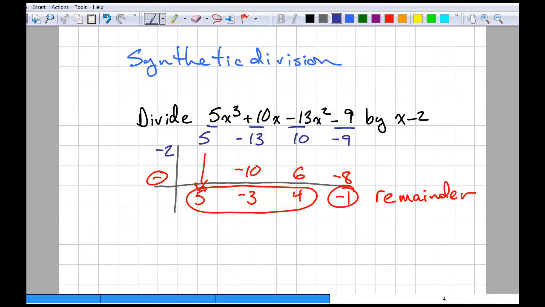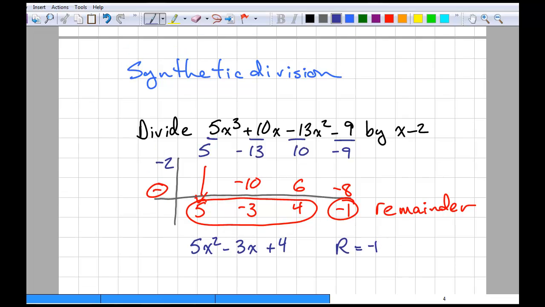And by that I mean, if this was an x cubed in the question for the dividend, then in my quotient I'm going to have 5x squared minus 3x plus 4 with the remainder of -1.